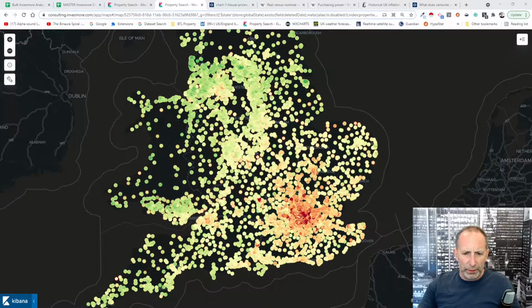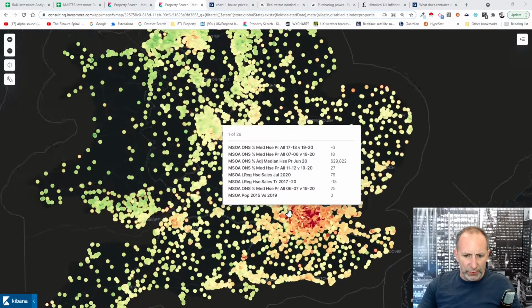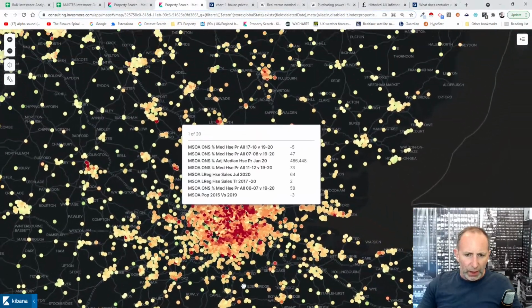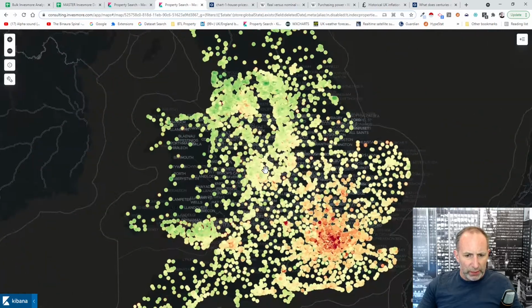Here we've got a map showing the inflation adjusted, or the real, property prices from 2007 to date. And what it shows you is that some areas like London, which is red, i.e., hot is red and cool is green, you can see how some areas have done really, really well over the last 15 years, and most areas haven't.